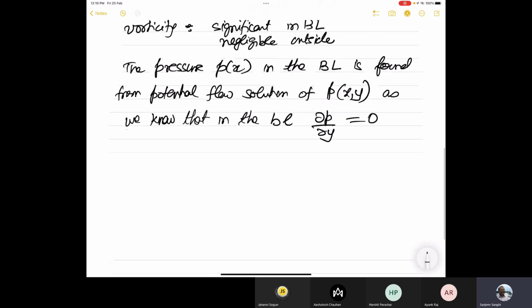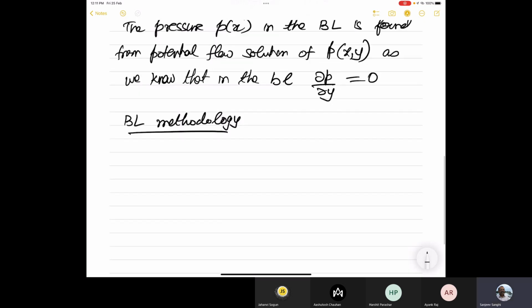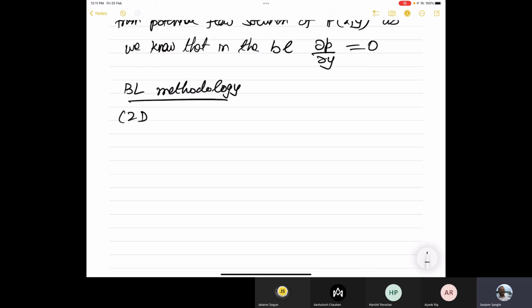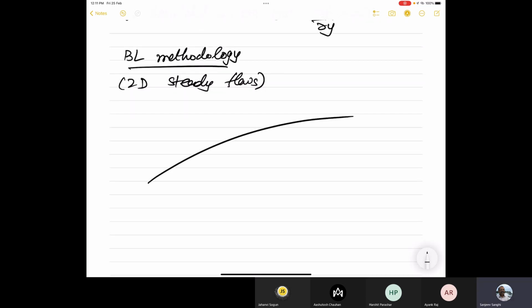Now, using this, a methodology was developed for boundary layer flows, and let's discuss the general boundary layer methodology. And we are talking this for, again, 2D steady flows. But we will now assume that the surface, so when we have flow past a surface, this is a curved surface.